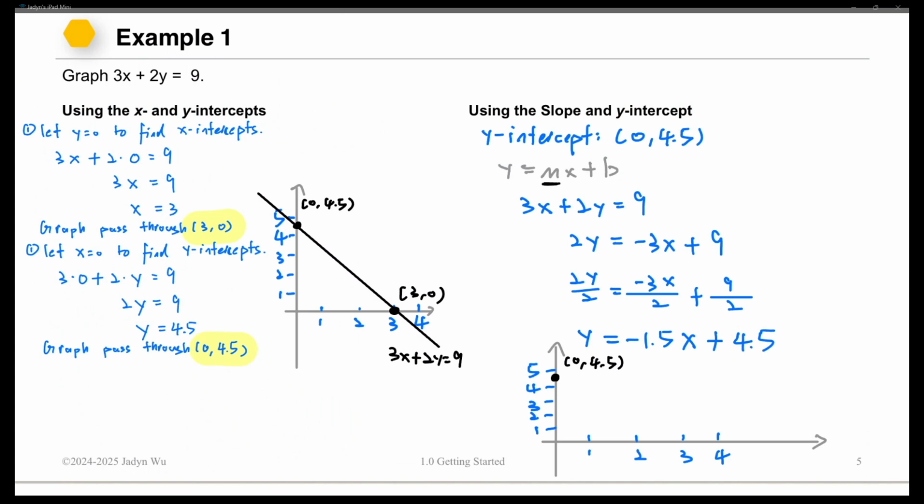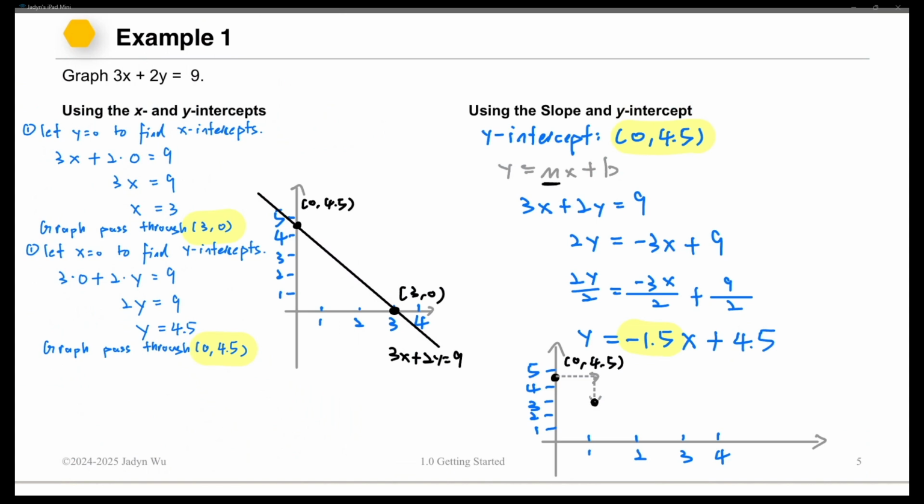And now, with this slope, we know that while x is increased by 1 unit, the y will decrease by 1.5 units. So it all goes to the value of 3.